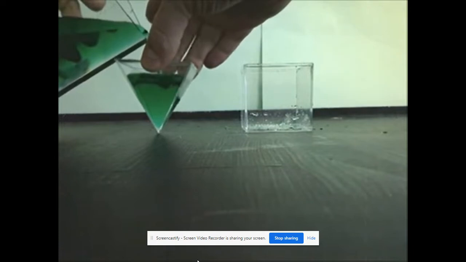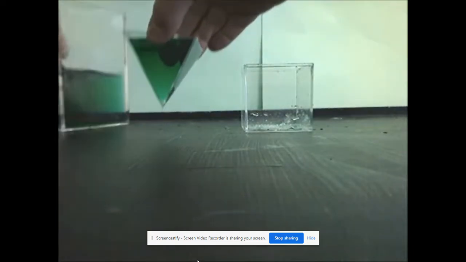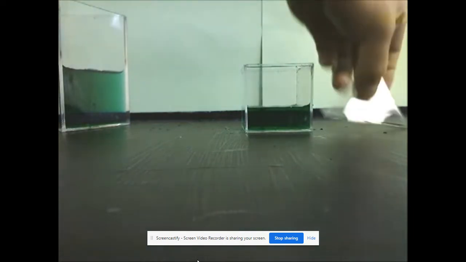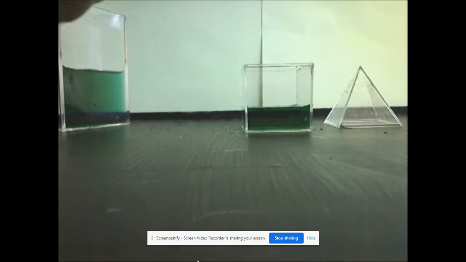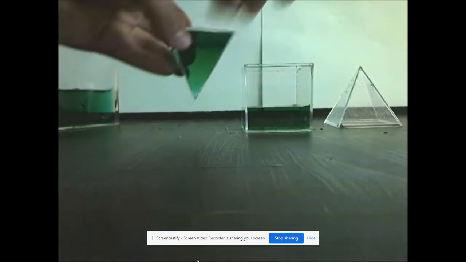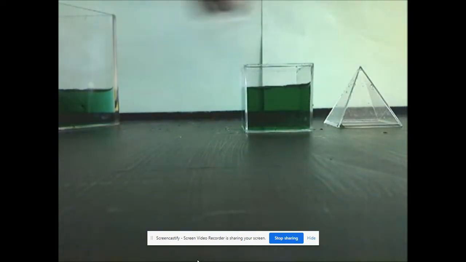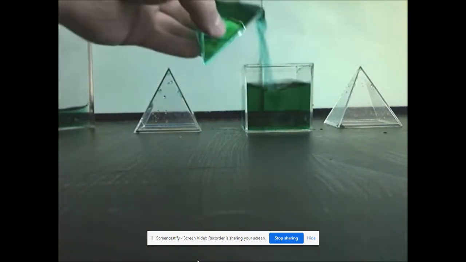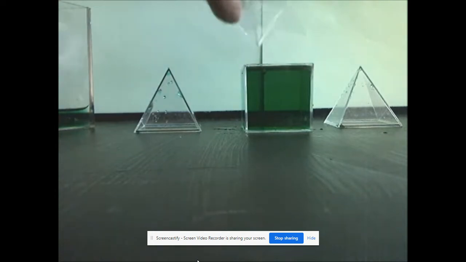And if you fill the pyramid with water, we're going to see how many pyramids it takes to fill the prism. 1, 2, 3.